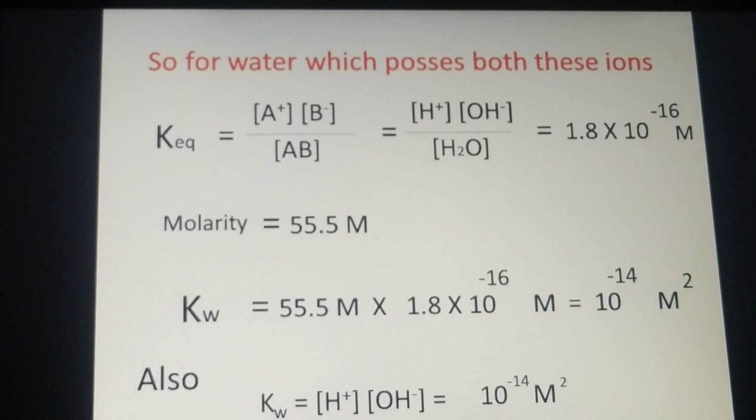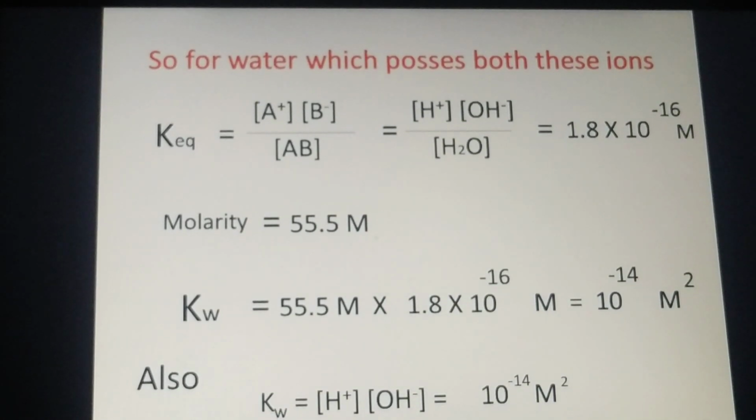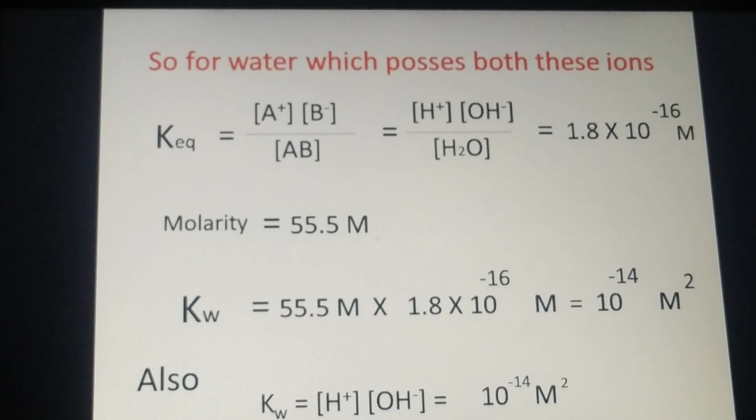So here Kw is equal to 55.5 molar into 1.8 into 10 raised to power minus 16 molar, which is equal to 10 raised to power minus 14 molar square. We also know that Kw is equal to hydrogen ion concentration into OH negative ion concentration. So hydrogen ion concentration into OH negative ion concentration is equal to 10 raised to power minus 14 molar square, or Kw is equal to 10 raised to power minus 14 molar square.